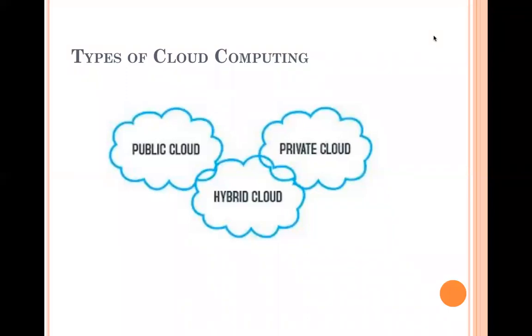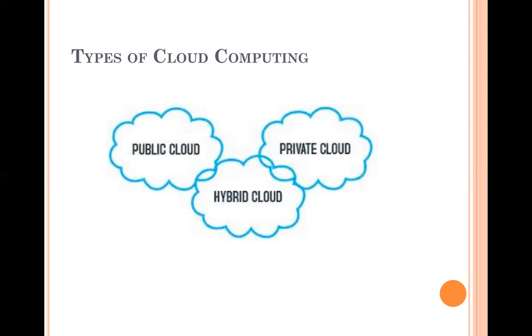Now see, private cloud is related to a group of selected users. Private cloud is also known as internal cloud or corporate cloud. Private cloud provides computing service to a private internal network, meaning within an organization it can provide services to selected users instead of the general public.